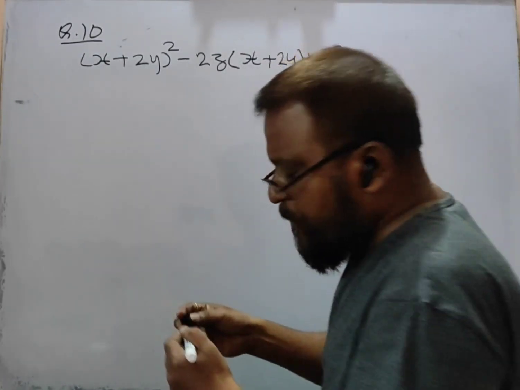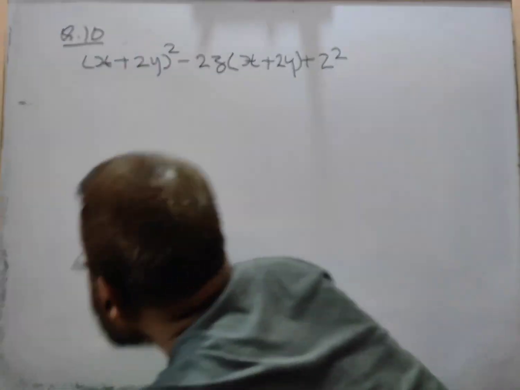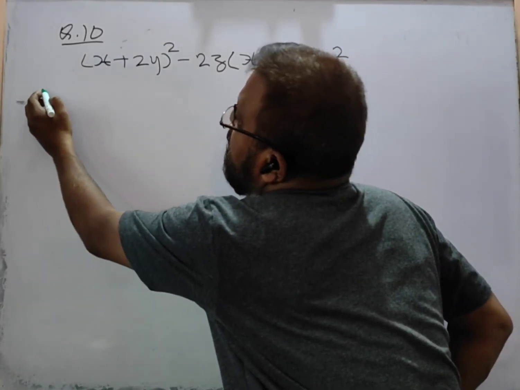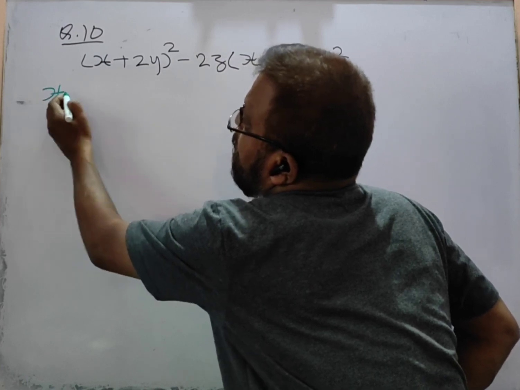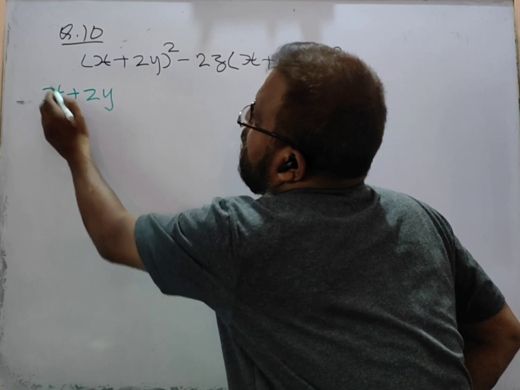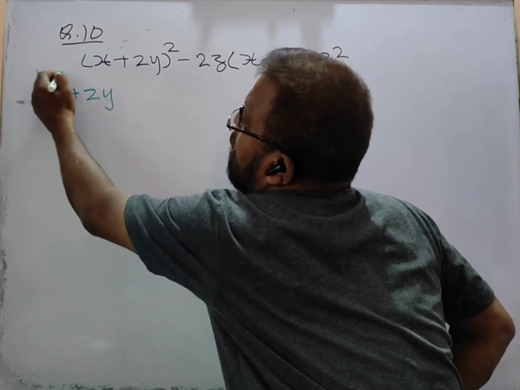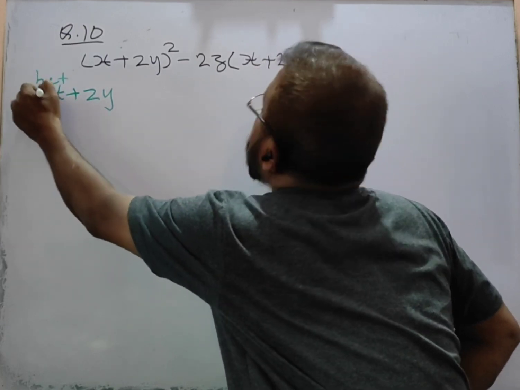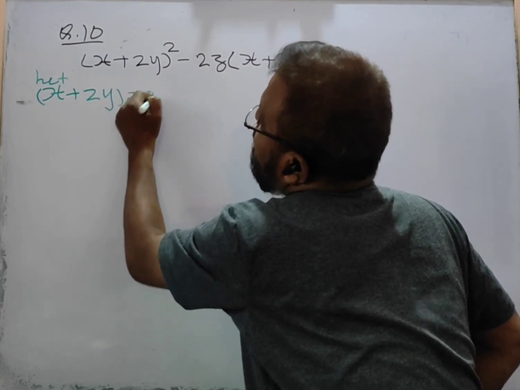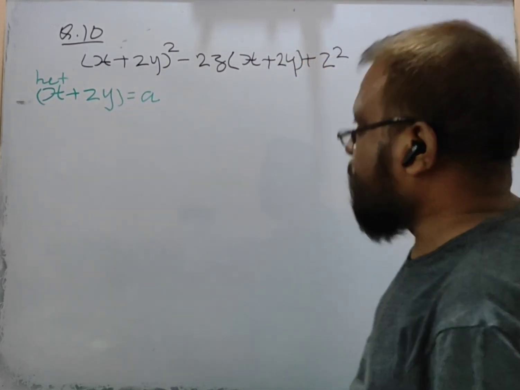Now again, let x plus 2y be, this time we take a, yeah, definitely we can take a. So this is a.